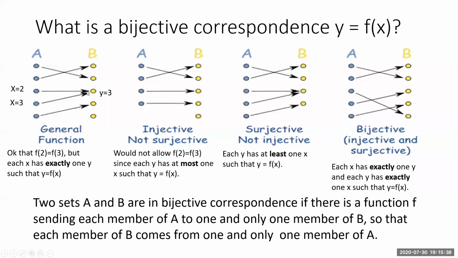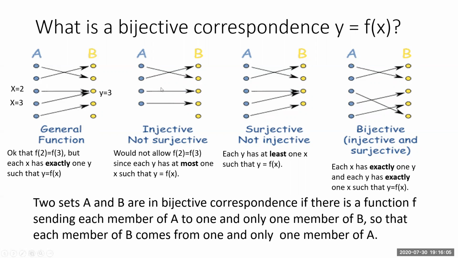The important thing in a function is that each x has exactly one value of y that goes with it. f of 2 is just 3. There's not more than one different f of 2. It can't be ambiguous what f of 2 is. It has to be just one definite member of the range. That's a general function.